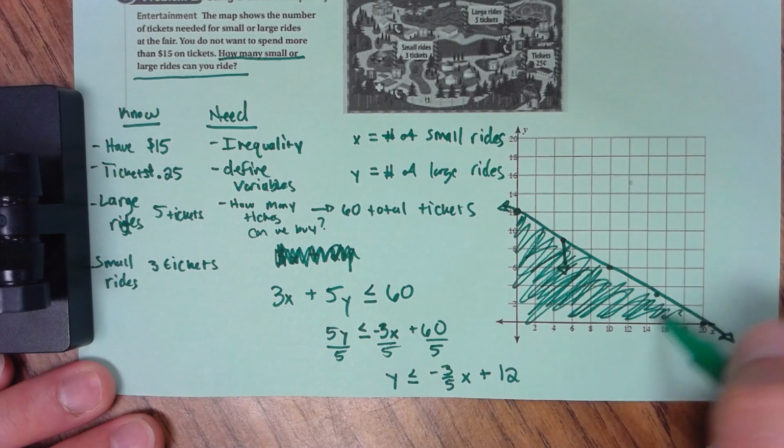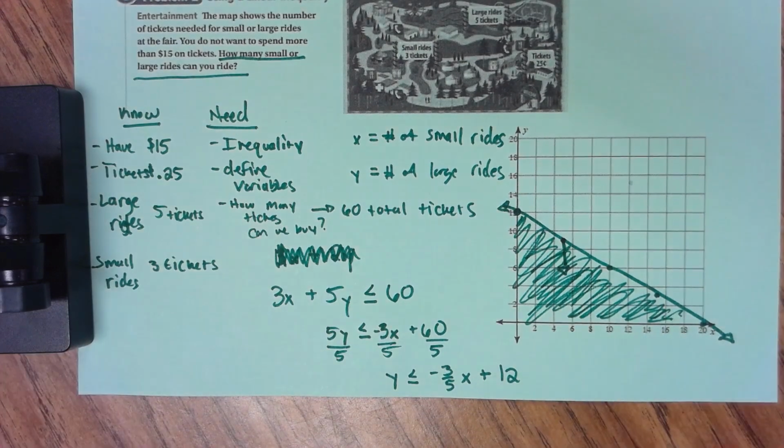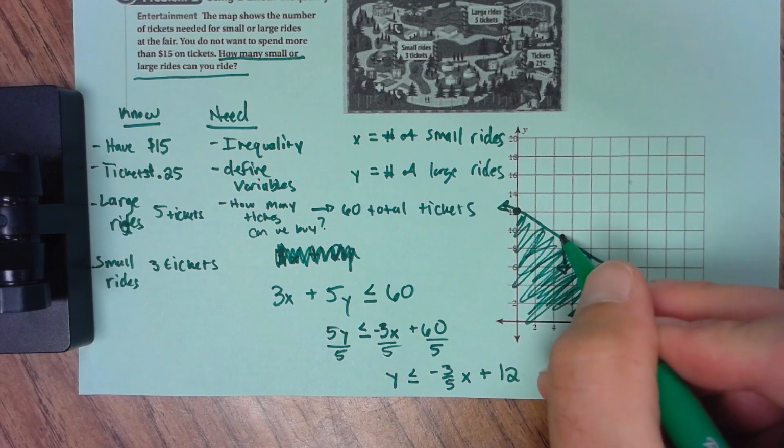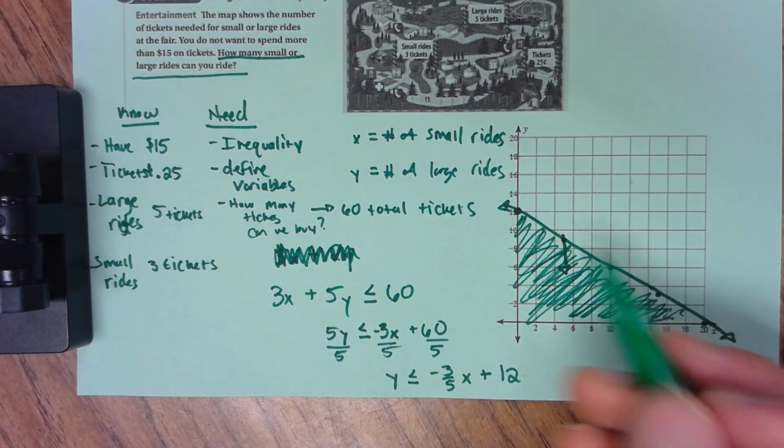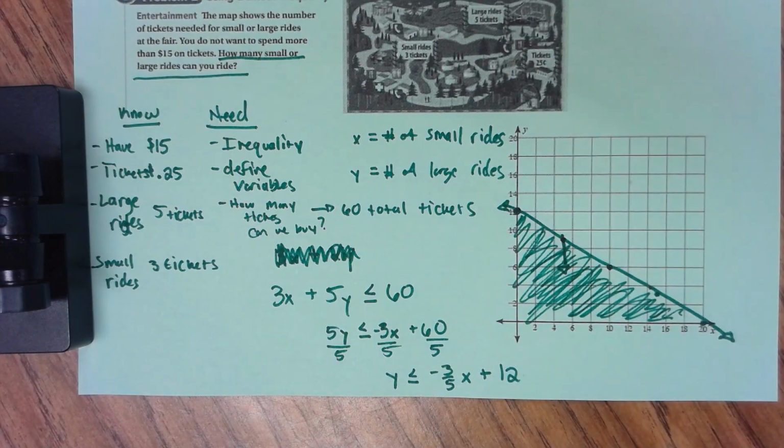And so what this shading represents is any combination of rides that you can go on at the fair. So you can do any combination within the shaded region. If you want to maximize the number of rides you go on, you would want to use any point on the line. Those would be the maximum number, where you're using all your tickets.